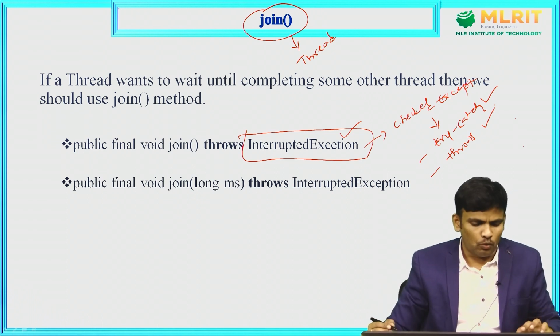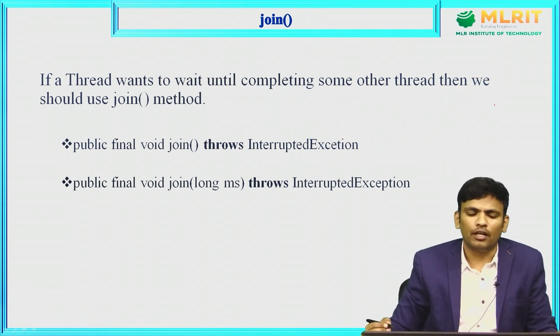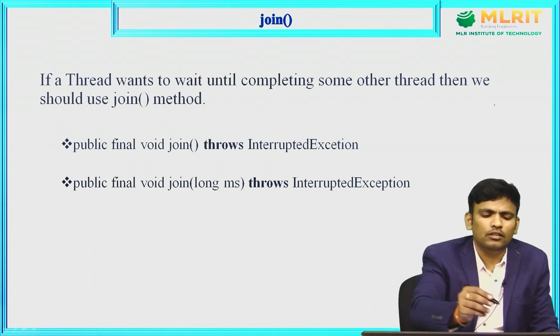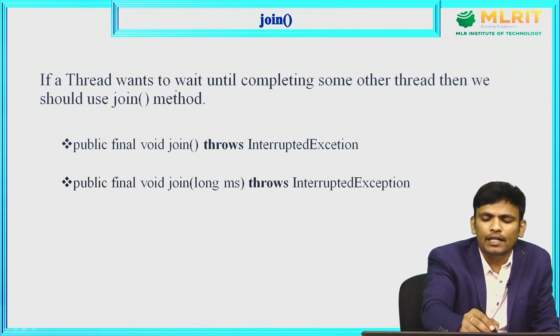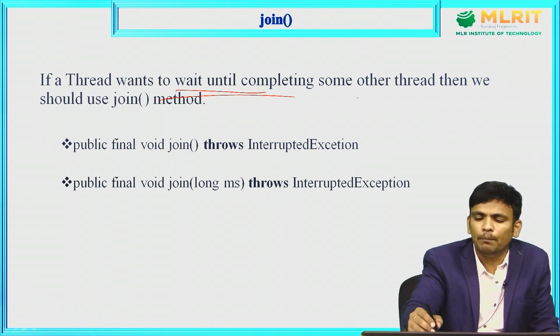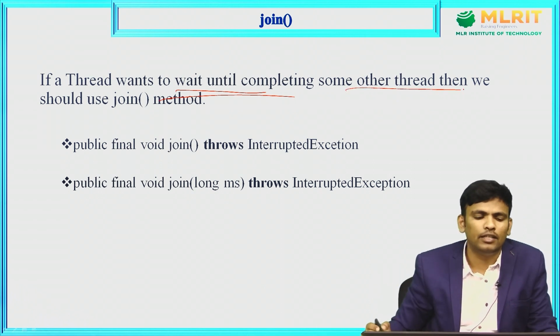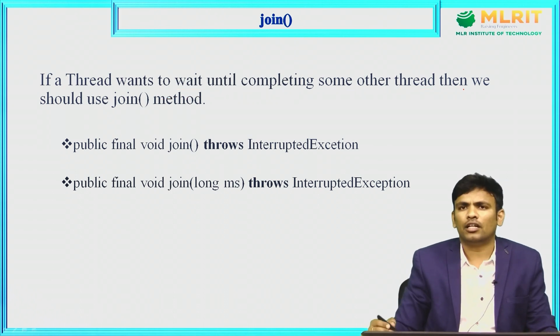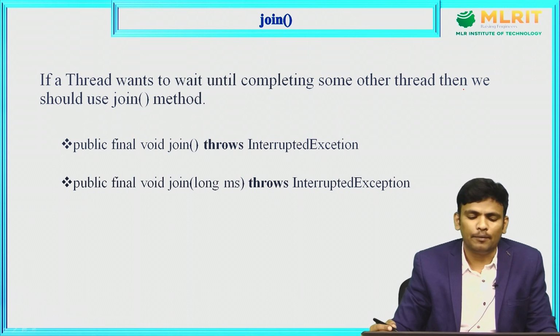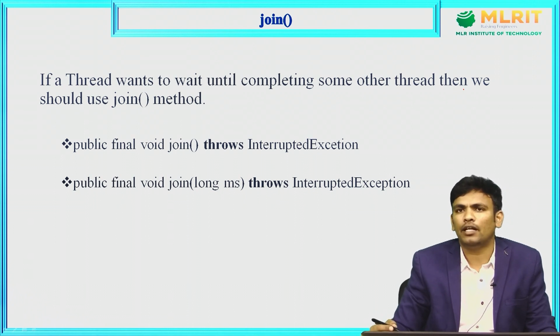So what is the join method? If a thread wants to wait until the completion of some other thread, then we should use the join method. In general, all threads in a multi-threading environment execute independently. A thread itself is an independent part of the program.